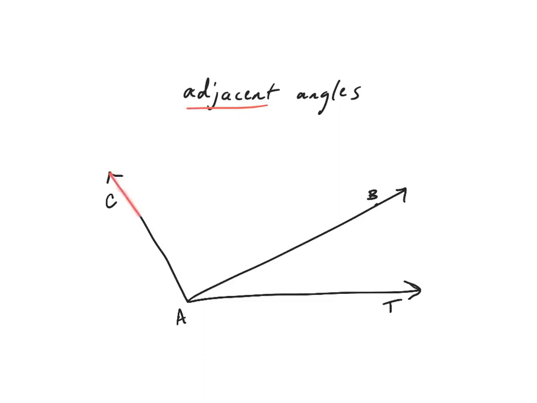My first angle is this one right here, CAB, so this red angle right here. And the one that is next to that is going to be angle BAT, this small acute angle right here. They share a common side of ray AB, and they share a common vertex of A. So they are called adjacent angles.